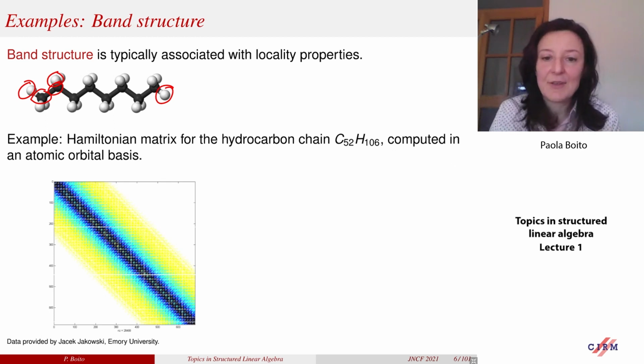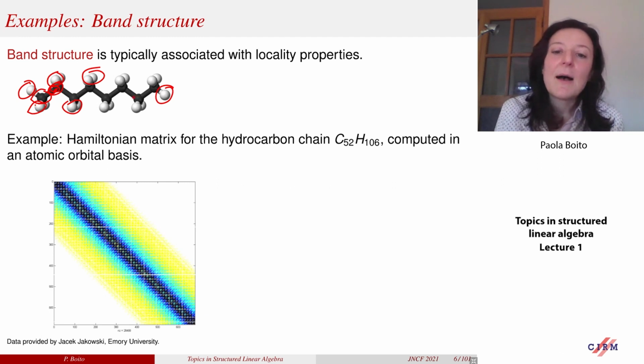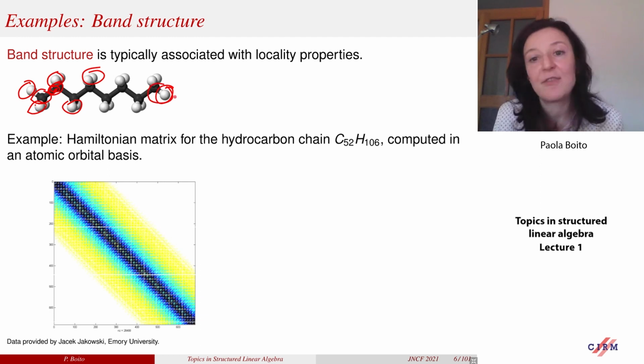For instance, this carbon here will exert an influence on the hydrogens here, on the carbons here, then also on these other particles. But it will have little influence on atoms which are far away.